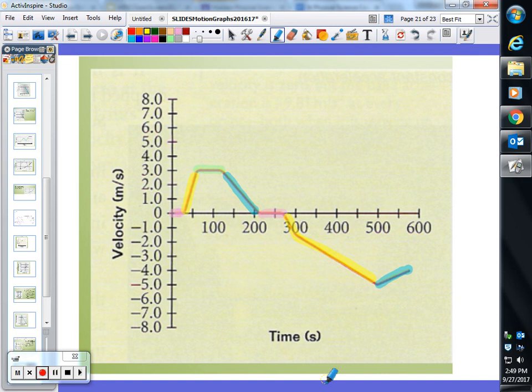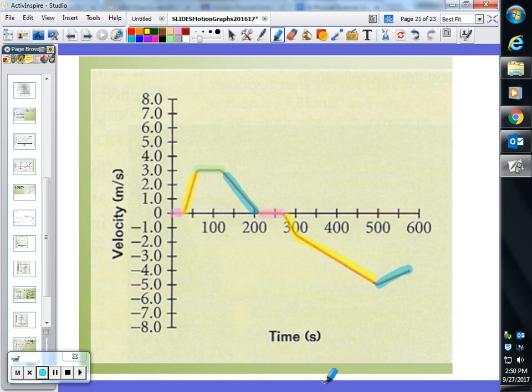Okay? Let's talk about yellow. The first yellow section on my graph, the one to the far left, what's happening there? It's speeding up in a positive direction. It goes from 0 to +1 to +2 to +3. That's getting faster. What about the second yellow section? Also getting faster, but in the negative direction.